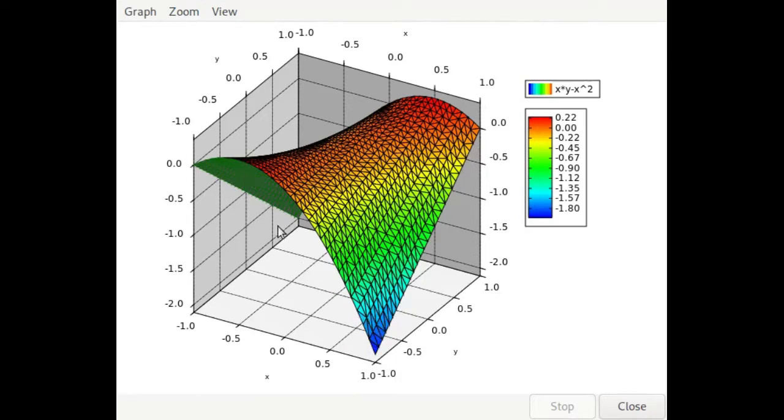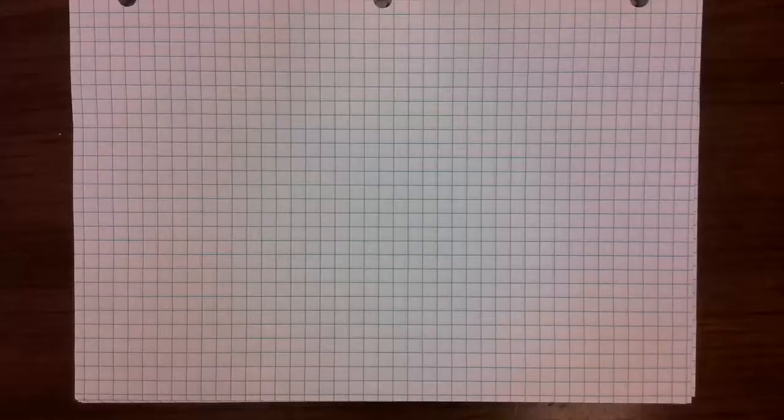You can see that the minima of -2 were achieved at 1, -1 and -1, 1, and then the maxima were achieved at these two points, where x was -1/2 and y was -1, or when x was 1/2 and y was 1. Well, let's look at one more example.